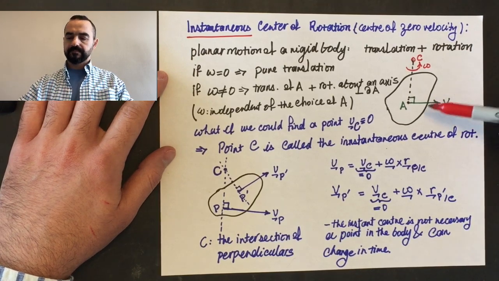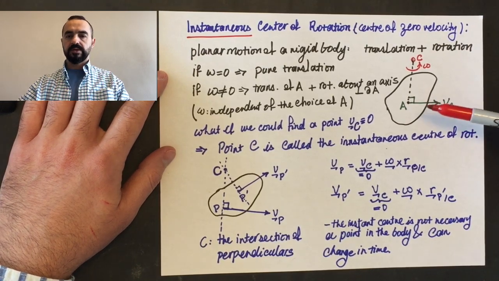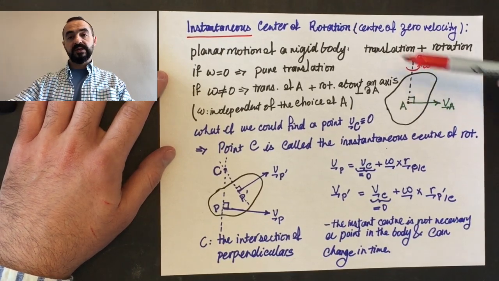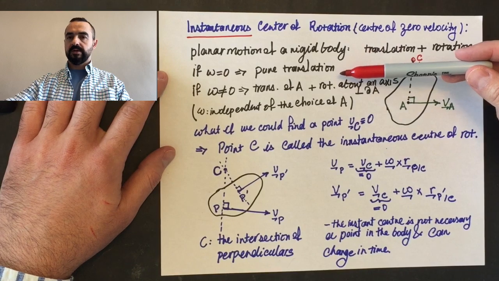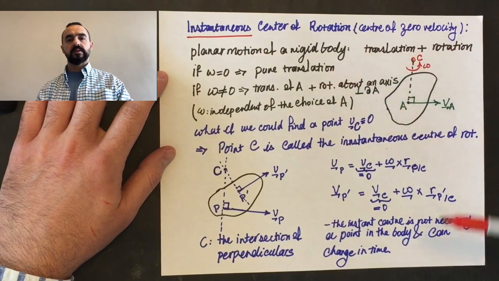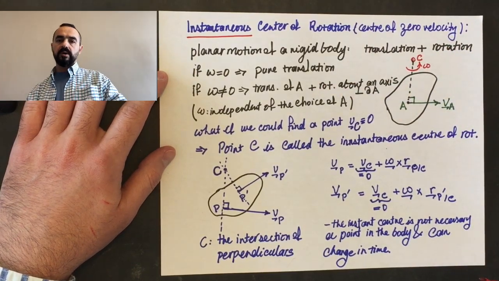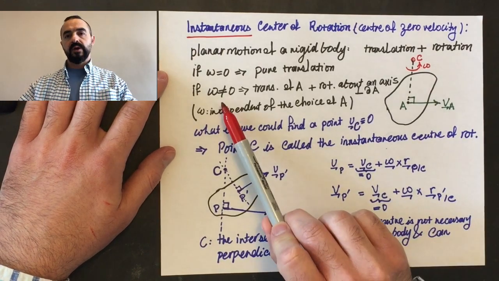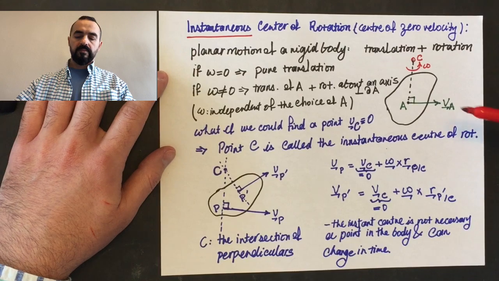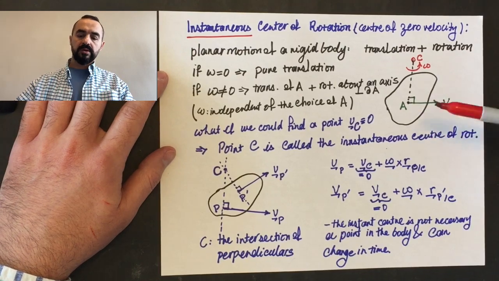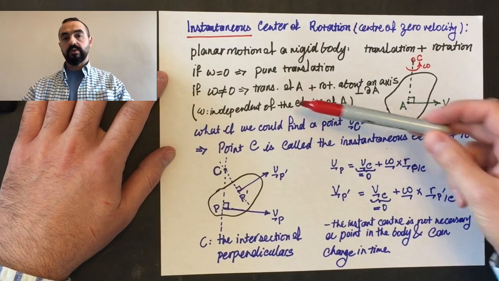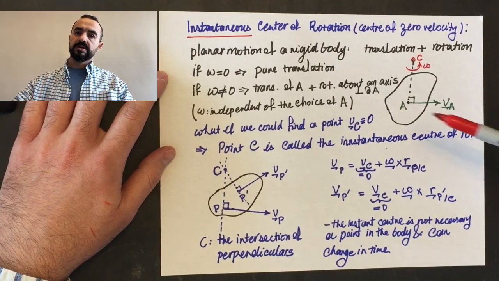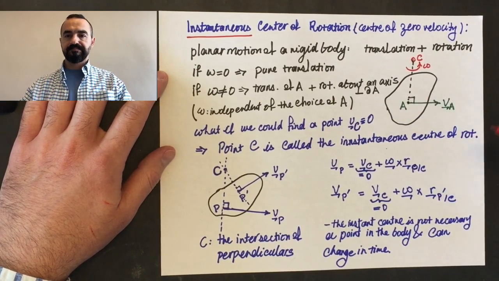If you have a pure translation, obviously omega is 0, and this is not the case we're talking about here. We're talking about the case where omega is non-zero, and then we choose any point A, and compute the translation of point A, and then the rotation about an axis through A.